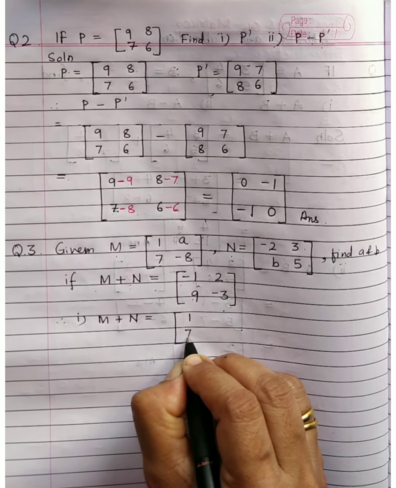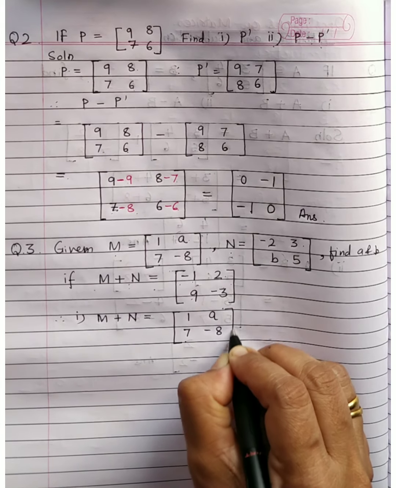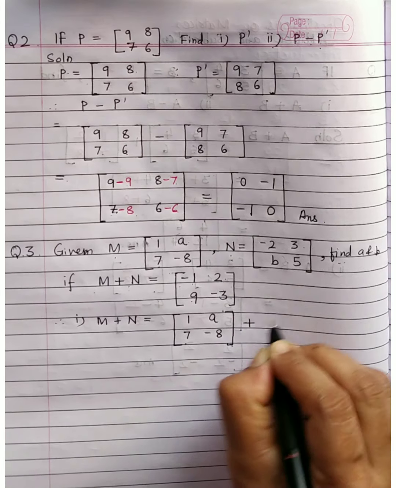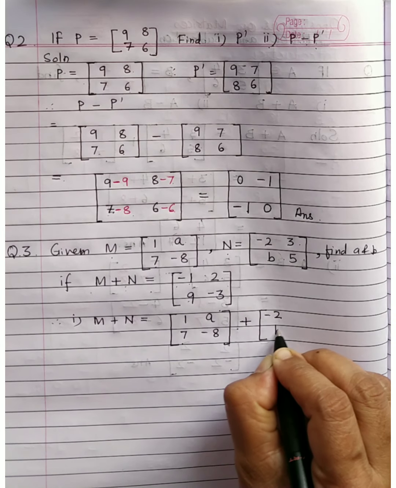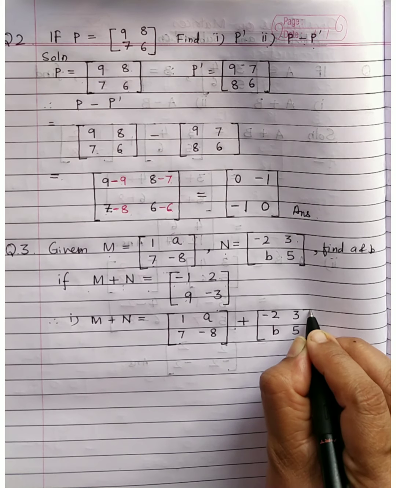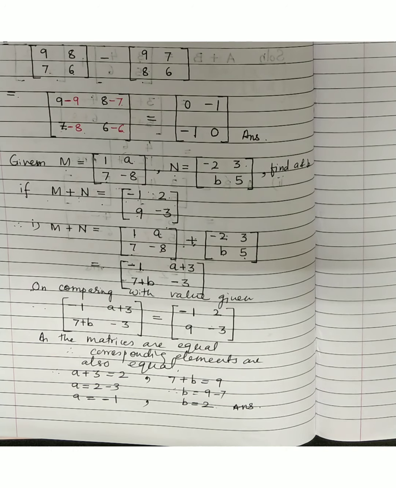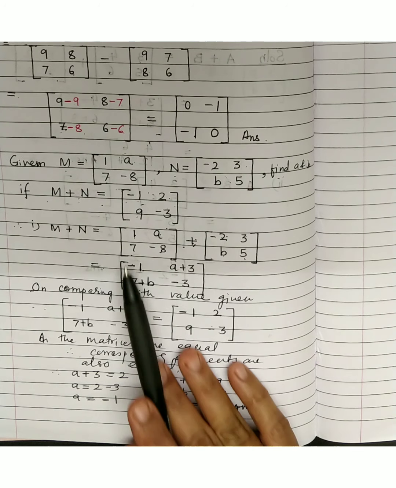1, 7, A, minus 8, matrix M, plus minus 2, B, 3, 5. I would like to mention here that you have to be very much careful. So on solving further, what will you observe?